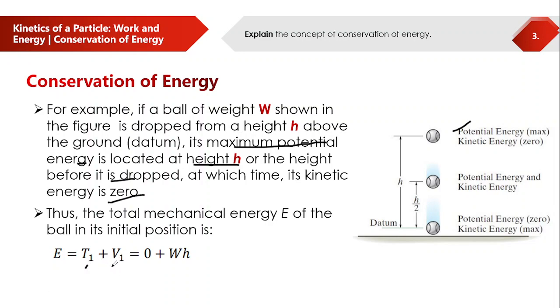Sum ng kinetic tsaka potential, ito yung total mechanical energy mo sa bola mo. Which is equal to 0 plus WH. So therefore, your total mechanical energy is equal lang sa potential energy ng bola mo. Okay? So that's for initial position ha. So your E is equal to WH lamang. Okay? That's your total mechanical energy, which is your weight times the height.